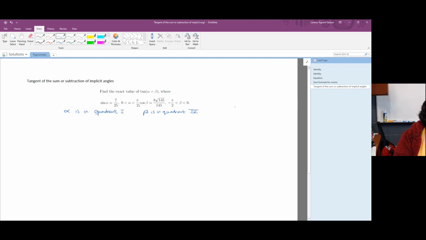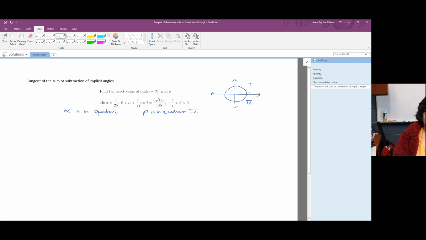Graphically, we're thinking of the unit circle. We have our circle of radius 1 centered at the origin. Let's imagine that's the unit circle. And then quadrant 1 and 4 are right there.